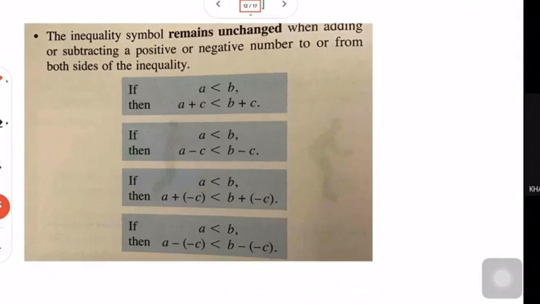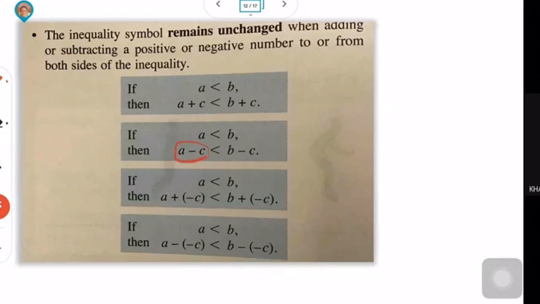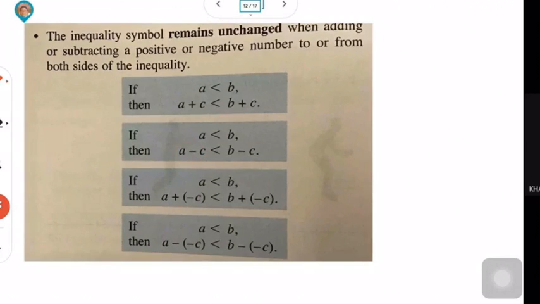As well as if you minus. Sini kalau you minus, belah kiri you minus C, belah kanan also you minus C. So the value will reduce with the same amount. So this symbol doesn't change. Yang belah kiri akan kekal less than belah kanan.